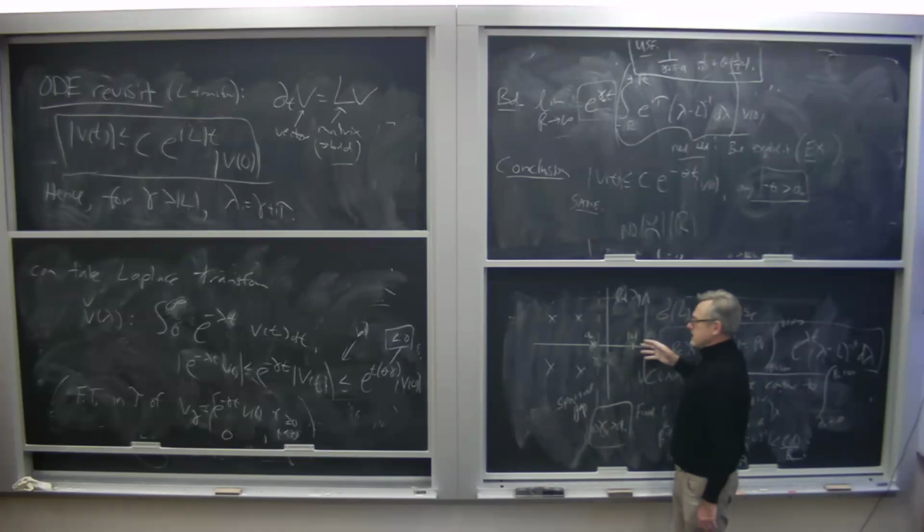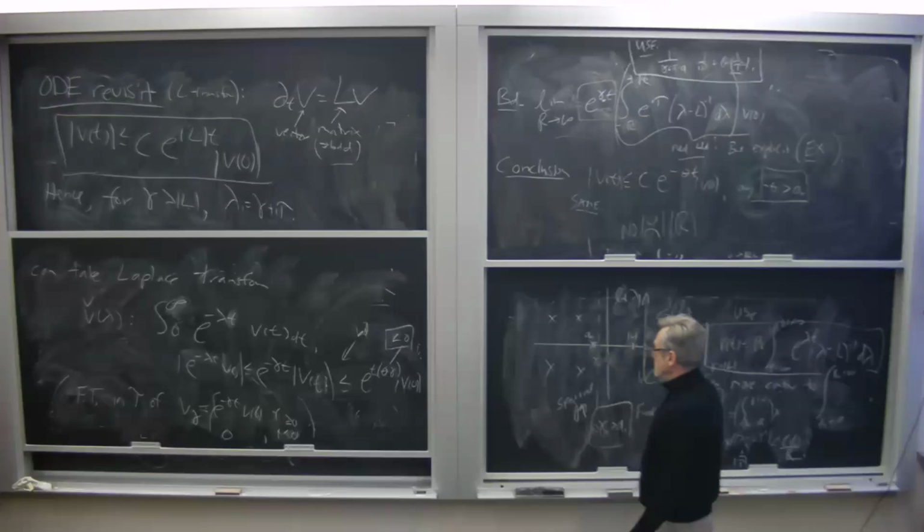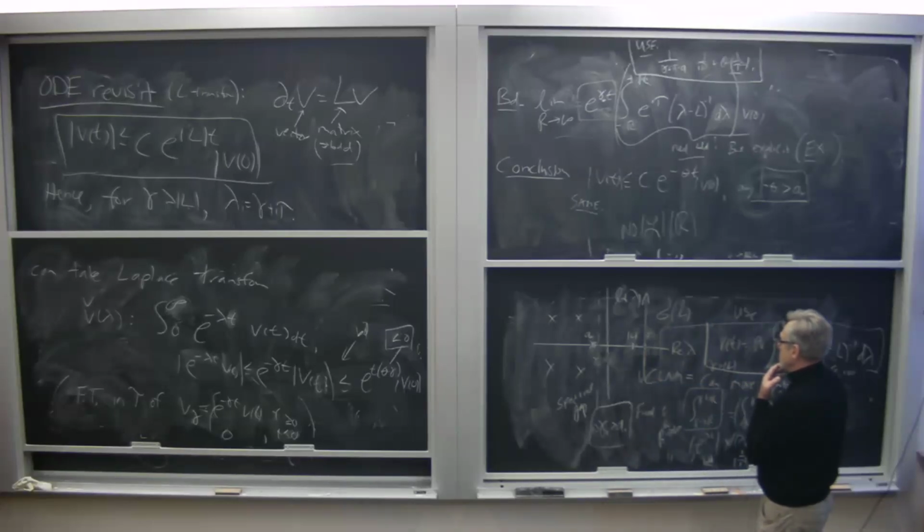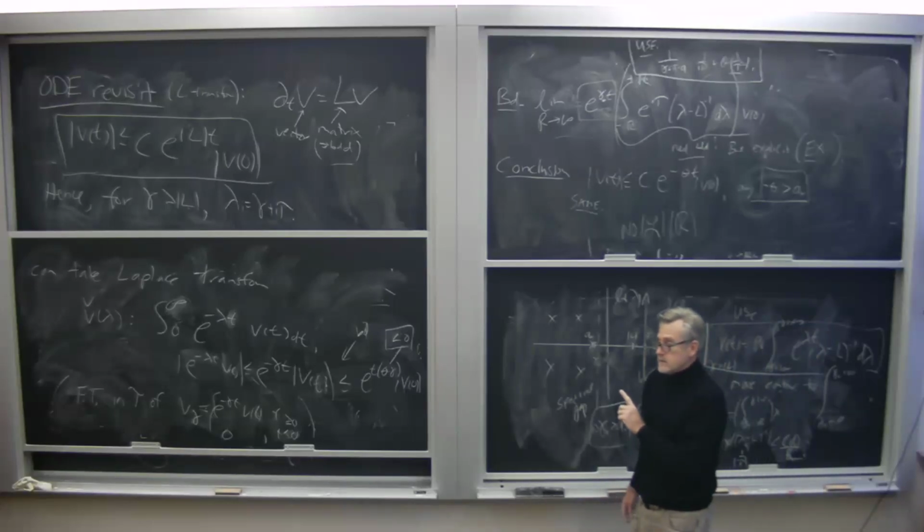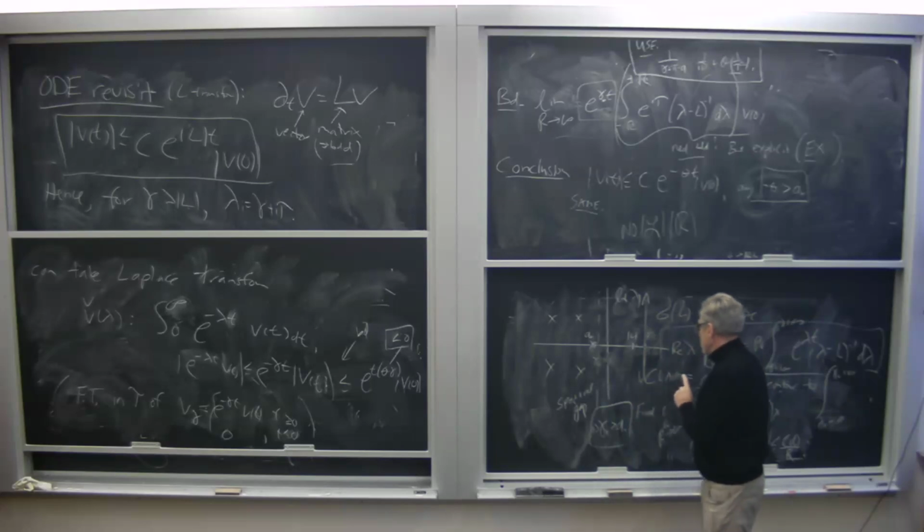But then I notice, wait a minute, everything's meromorphic, or in fact analytic up to here, and it decays fast enough that I can move the contour. So I can have the same formula here. Why is it analytic?